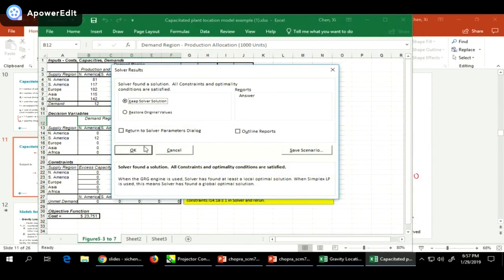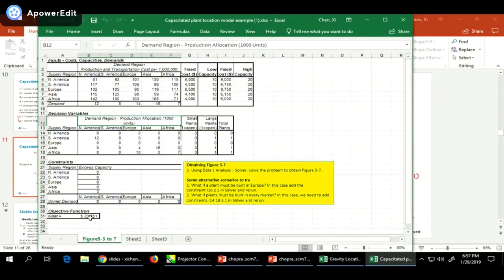Here we keep solver solution, just click on OK. Here you can see that the decision variables have changed value. So it turns out we want to open a large plant in South America, a large plant in Asia, and a large plant in Africa.